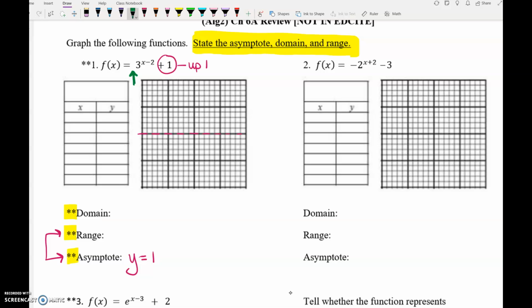No, it's a positive. So if it's a positive in front, it's going to be y is greater than the asymptote. If it's a negative in front, it's going to be y is less than the asymptote. So in this case, y is greater than 1. Notice that the number is the same in both of those.